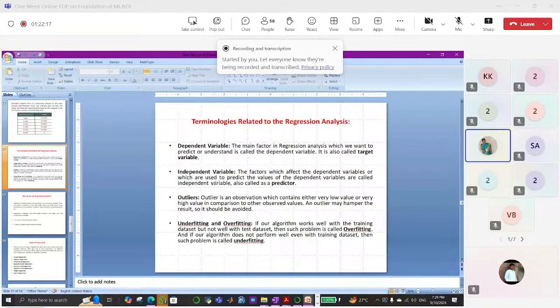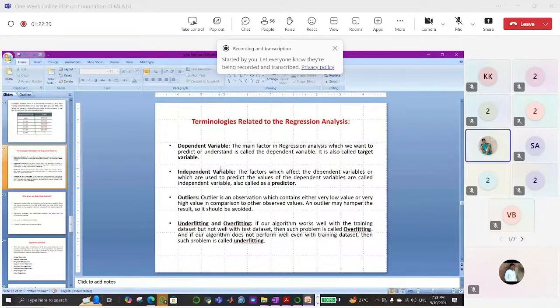So what is the terminology? Dependent variable, independent variable, outliers, underfitting, and overfitting, as I said in the definition. This knowledge is required to analyze the system. The dependent variable is nothing but the target variable.